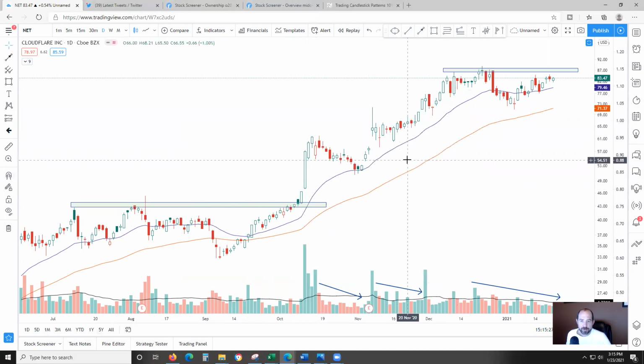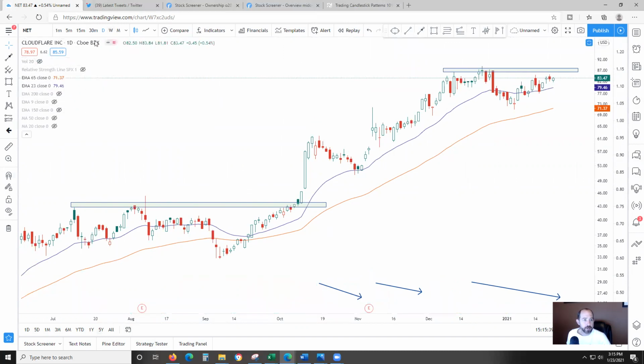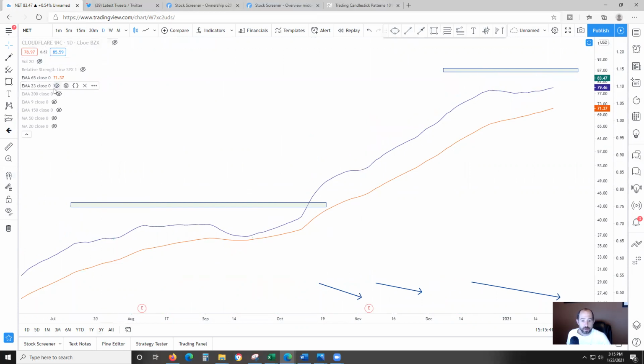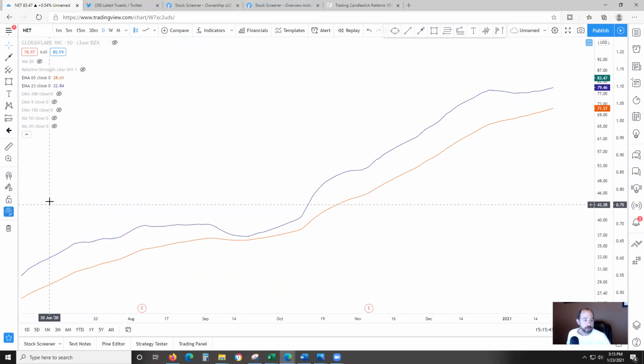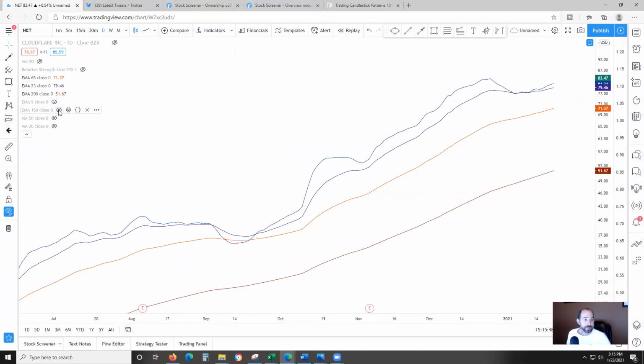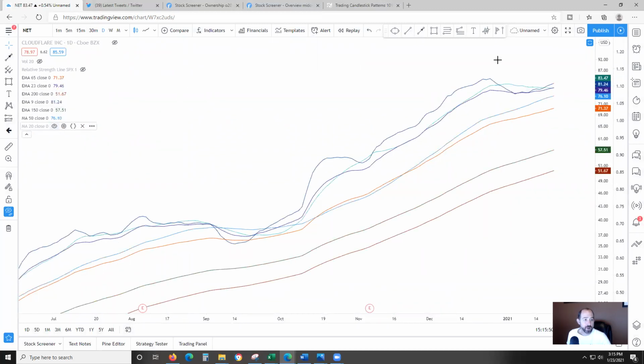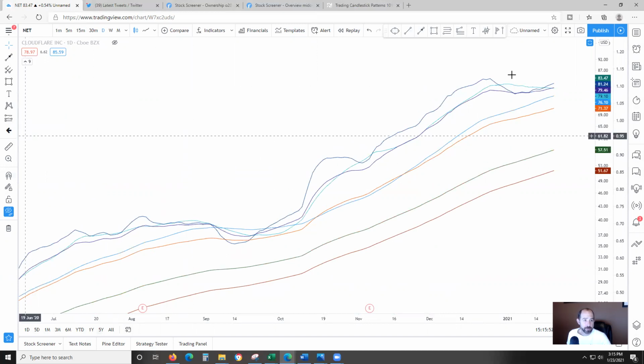And sometimes, if it's real messy and there's been a lot of choppiness in the markets, what I like to do is I will go ahead and take off everything, including price, and put on a ton of moving averages, all different time frames, and I'll just look at them.